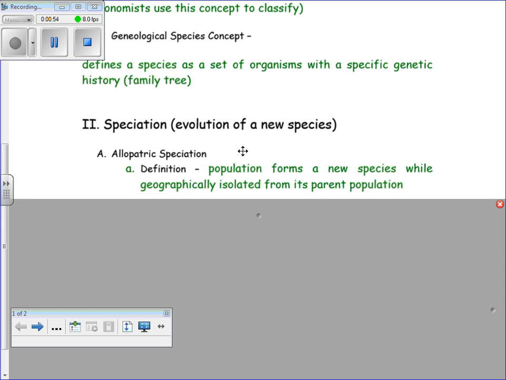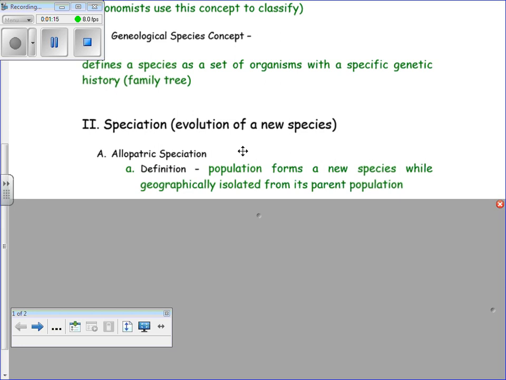But allopatric speciation, the word allopatric means other country, and we can define it by saying that a population will be isolated from the parent population.